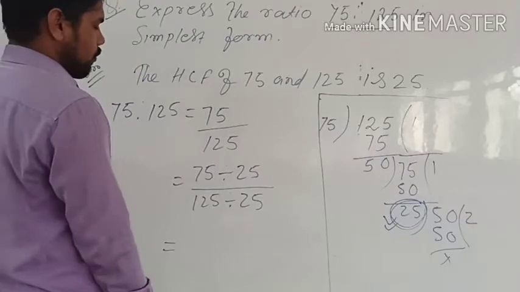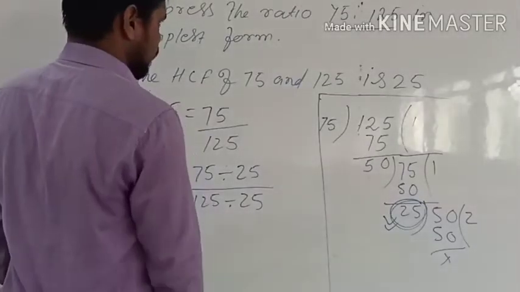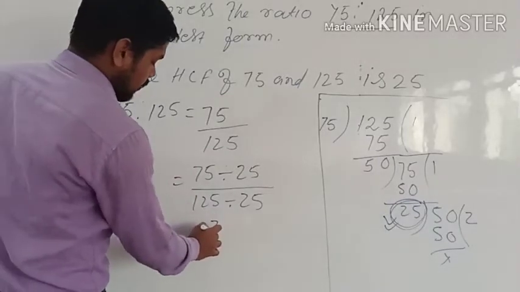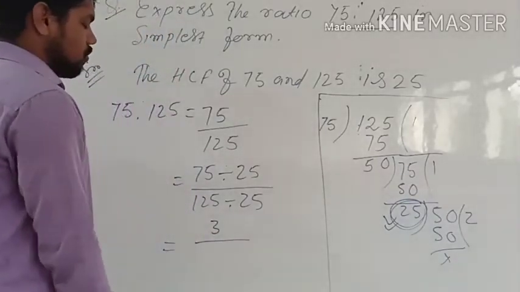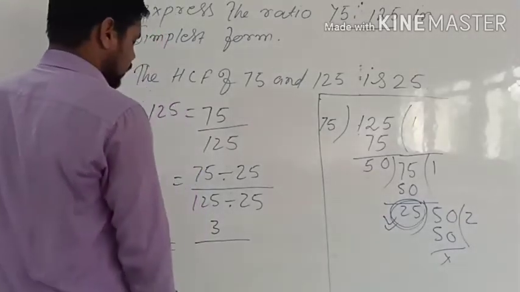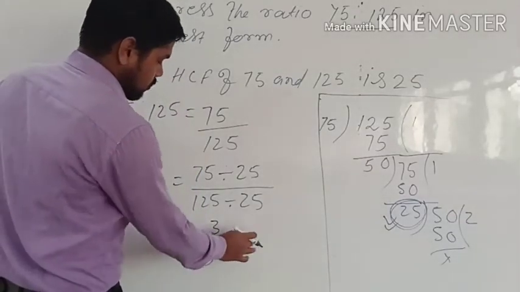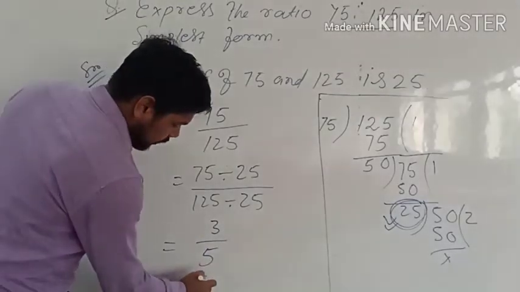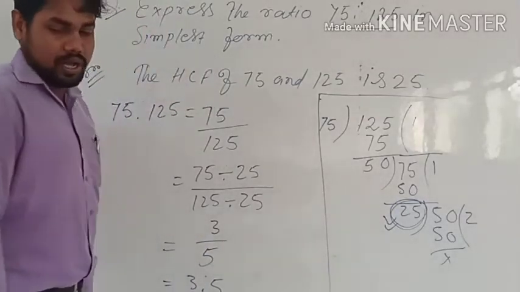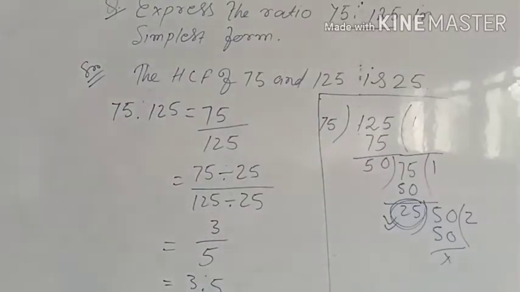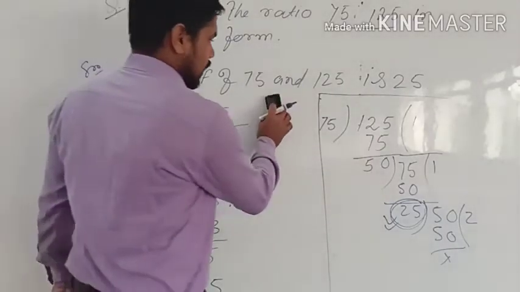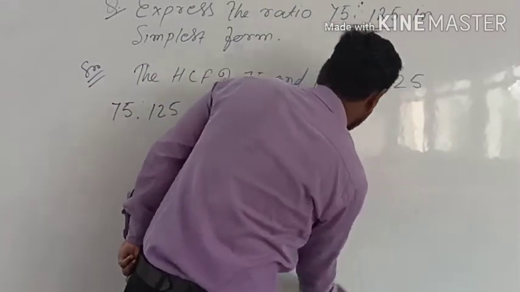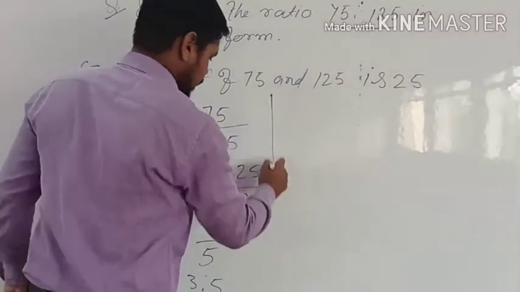So we know how many times 25 is equal to 75? 3, right? So this will cut and it will be 3 over how many times 25 is equal to 125? 5 times. So that means the required ratio will be 3 to 5. So now we can write the answer, here I am writing the answer.